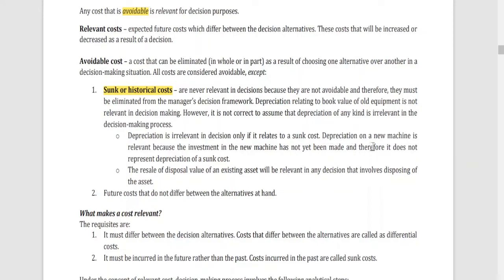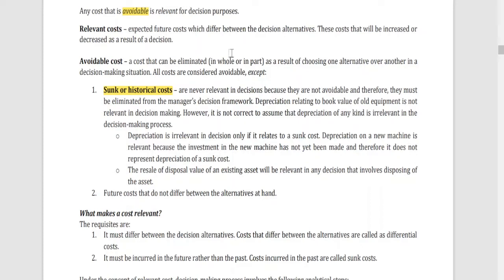But a depreciation on a new machine would be treated as relevant because the investment in a new machine has not yet been made and therefore it does not represent depreciation of a sunk cost. In fact, if you're not going to buy the new equipment, you can avoid the depreciation on the new equipment.